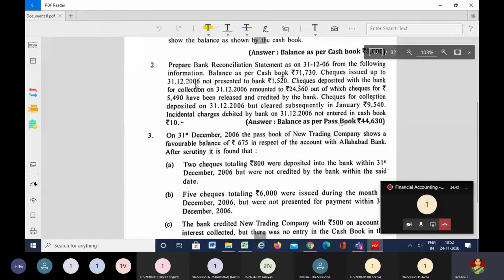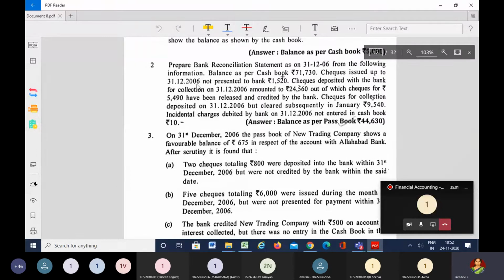Now one more important point here to be noted is, now whenever you are preparing a BRS as on a particular date, any entry which is being recorded in both the books, that is in the cash book as well as in the pass book, will not affect the bank reconciliation statement.